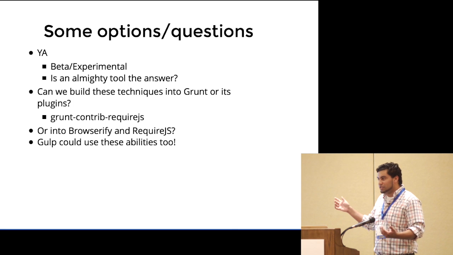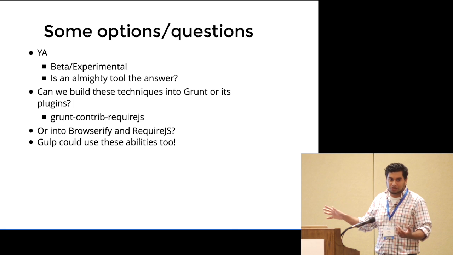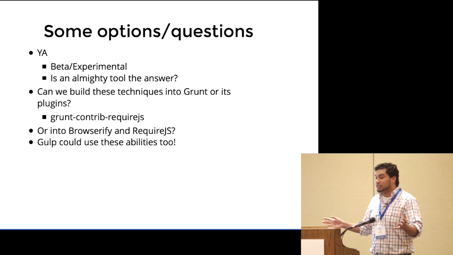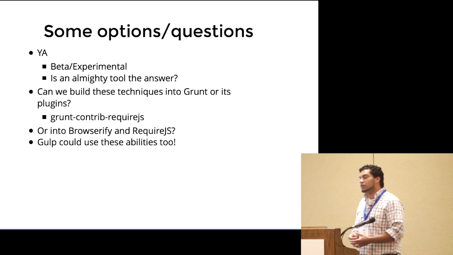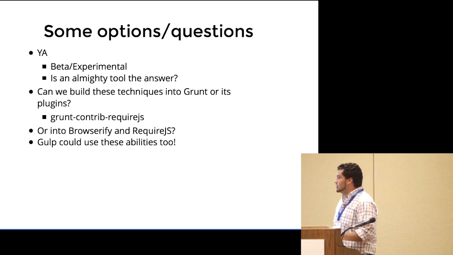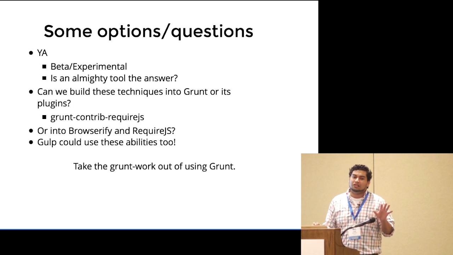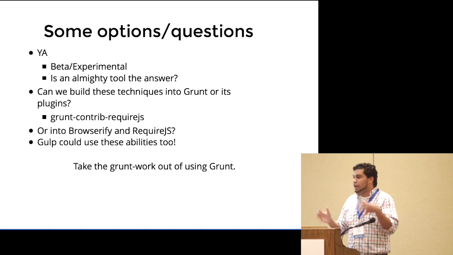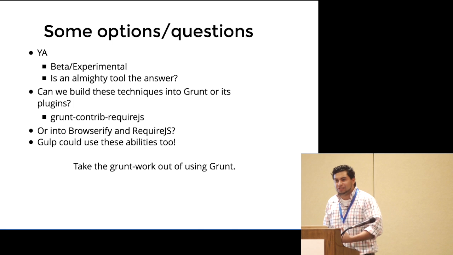And with Grunt specifically, I've had to do so many optimizations just to get it to not slow down to a halt when observing the entire code base. You can use things like Newer, etc., all these different plugins to optimize, but it's a headache. The point is, let's take the grunt work out of using Grunt. Let's let our build tools take care of building without configuration.